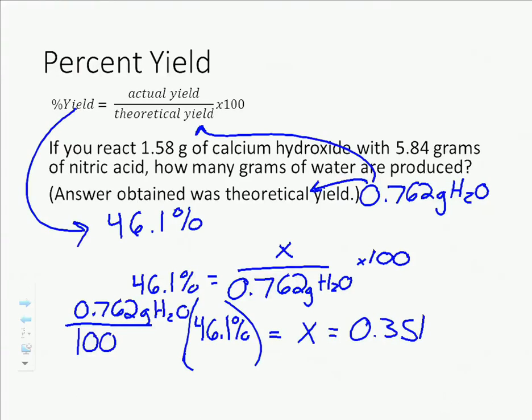And our units, see what units are remaining? Did this cancel with anything? No, so that has to be our units, grams of water.